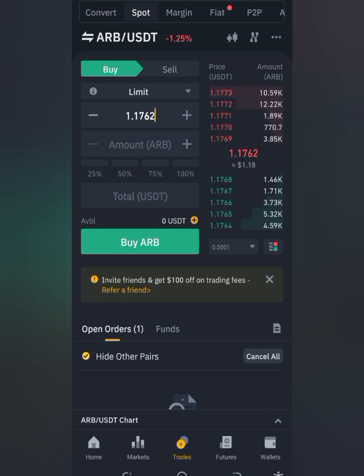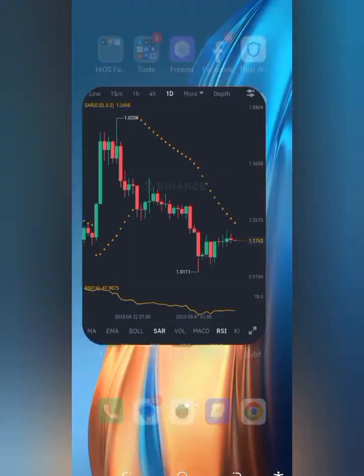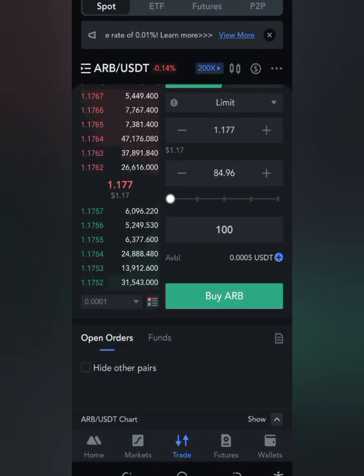Let's see. Oh, what happened? It went down to 176. So right now it's even cheaper here. Because these things, you just have to be very quick about it. What's the current price right now? It's 177. So it has switched to the other side.